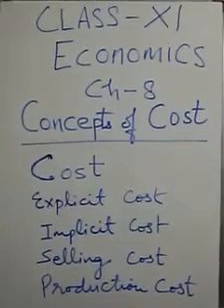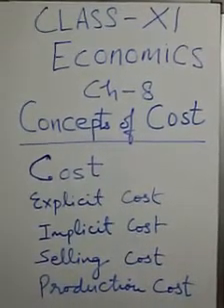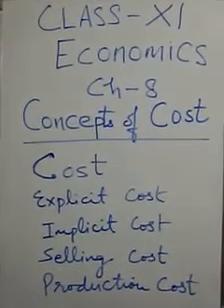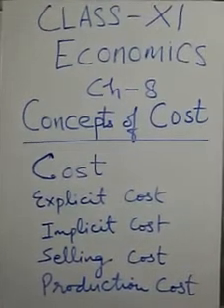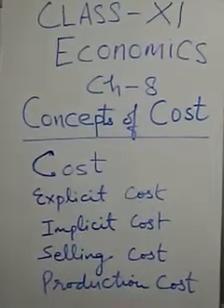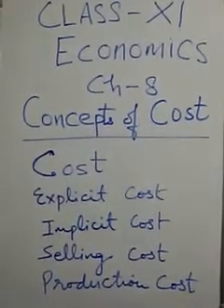Now the next point which we are going to discuss is production cost. As the name depicts, production cost or manufacturing cost refers to the expenditure incurred by any producer explicitly or implicitly on the inputs for producing a given level of output.